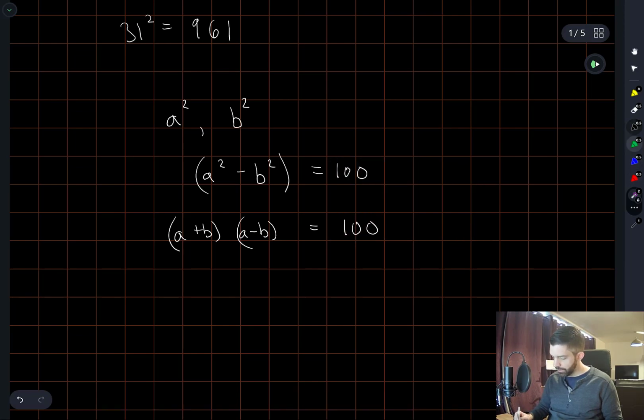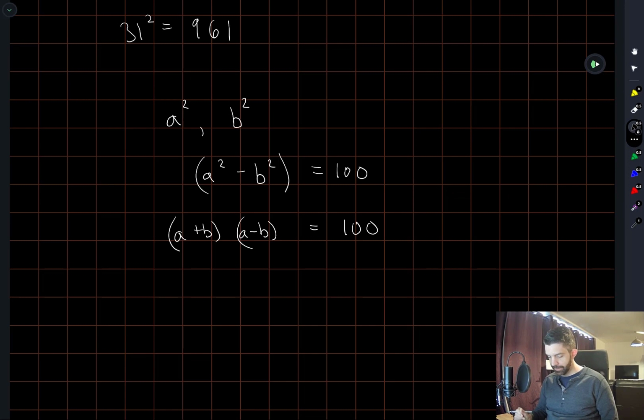So we're looking for 3-digit squares that differ by exactly 100. Can I think of any off the top of my head? I don't really know the squares above like 12. Okay, so what could we do here? We could try and consider the factors of 100 and set up some equations for a and b such that a plus b and a minus b are factors of 100.